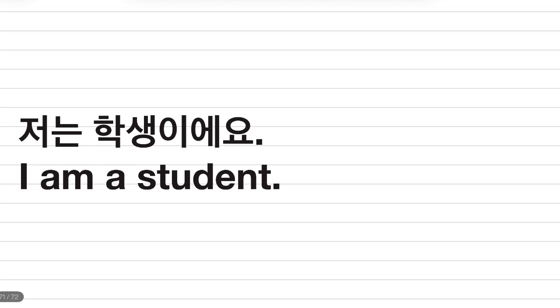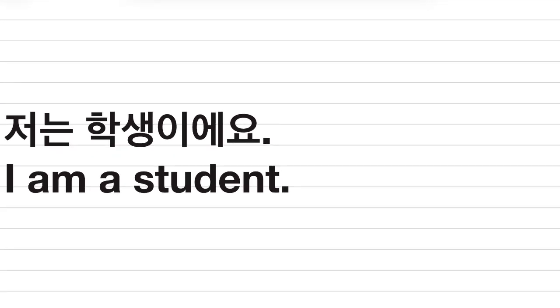So please have a look. For example, like this. I am a student. 저는 학생이에요. 이에요 came from 이다. 이다 is conjugated 이에요.